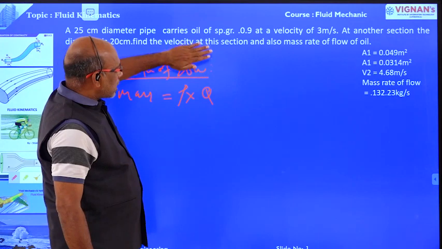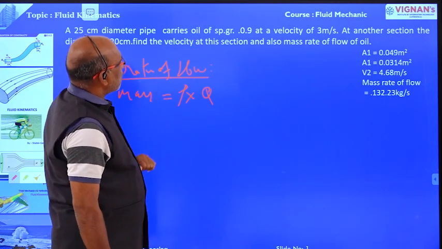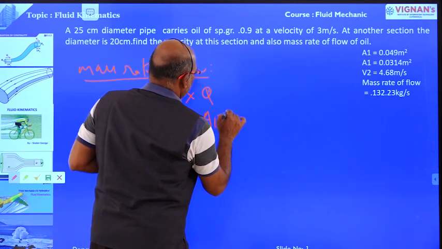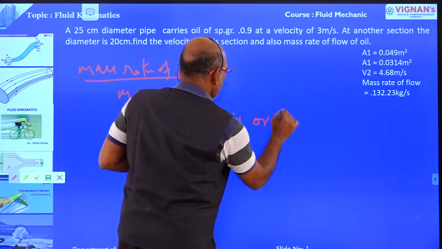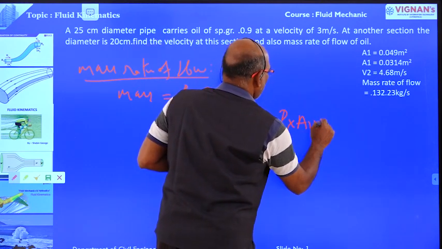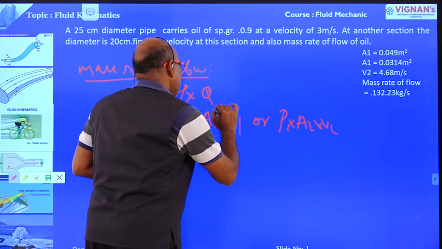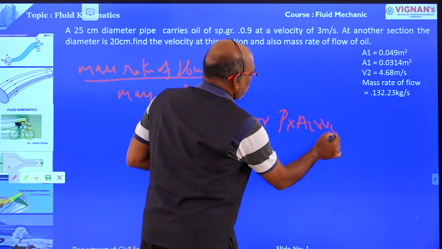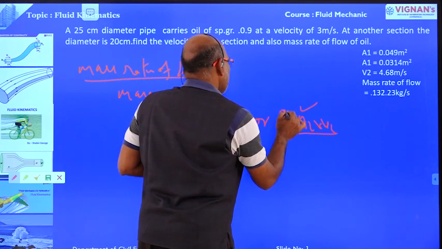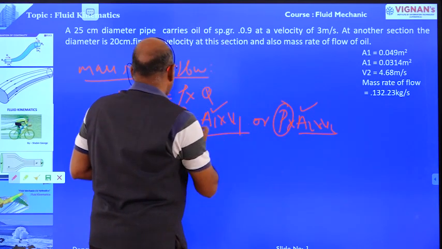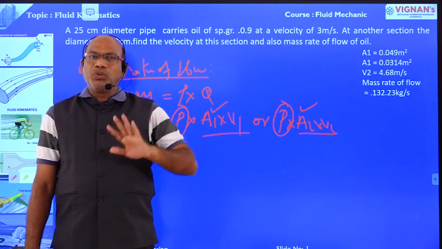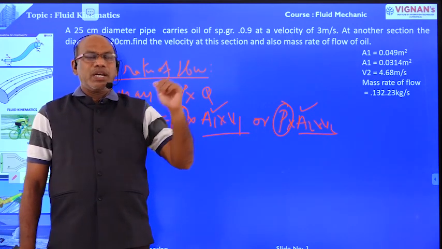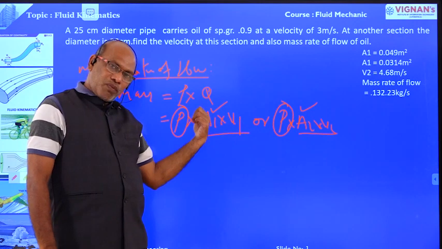Based on this problem, discharge is also written as rho, mass density, into A1 V1, or rho into A2 V2. That means the discharge at the 25 centimeter dia pipe, or at the 20 centimeter dia pipe, multiplied with the density, we have the mass. Mass equals mass density into discharge. Discharge is denoted by Q. Q is equal to A1 V1.